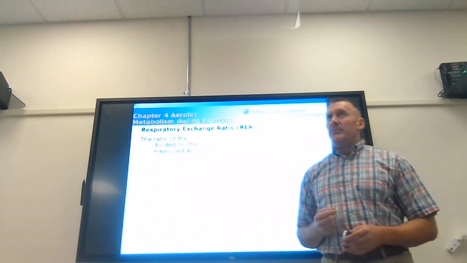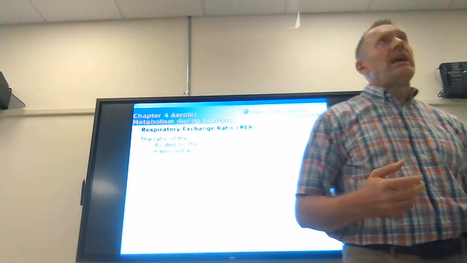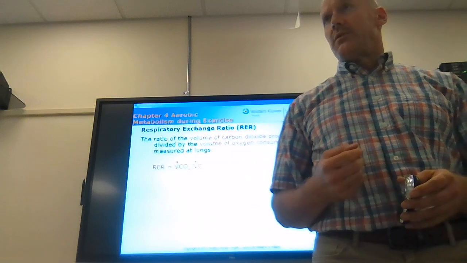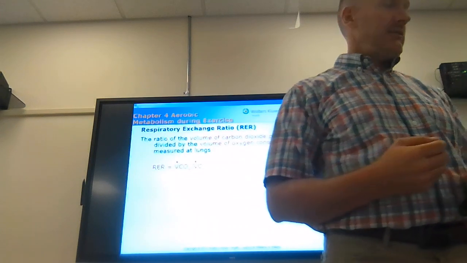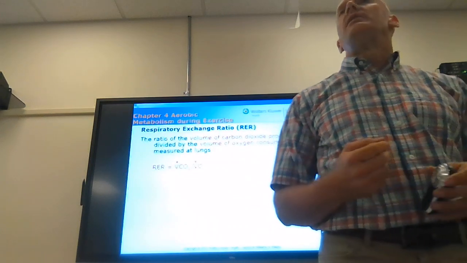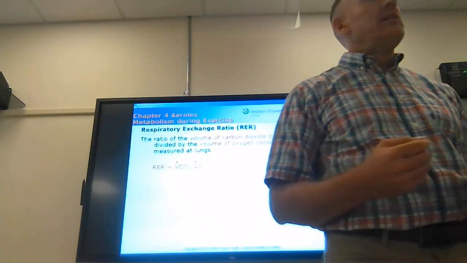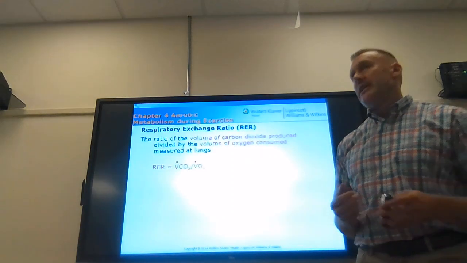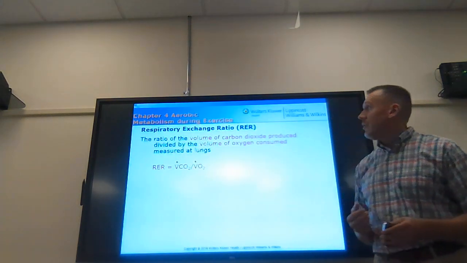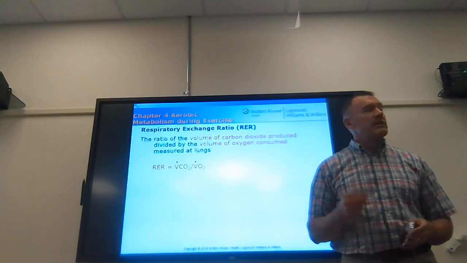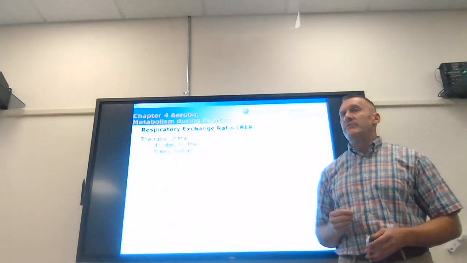So we have to be in a steady state for the respiratory exchange ratio to be valid. Because as soon as we go above the anaerobic threshold, then we're no longer in a steady state. And so the amount of oxygen consumed is not necessarily going to reflect just oxidative metabolism.